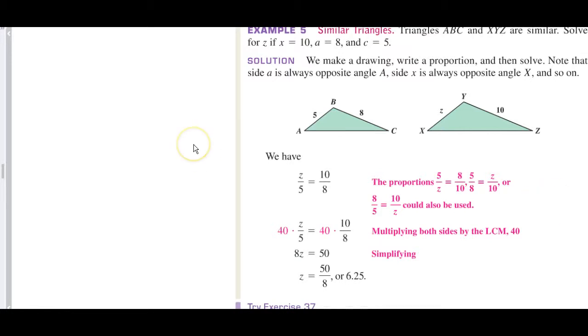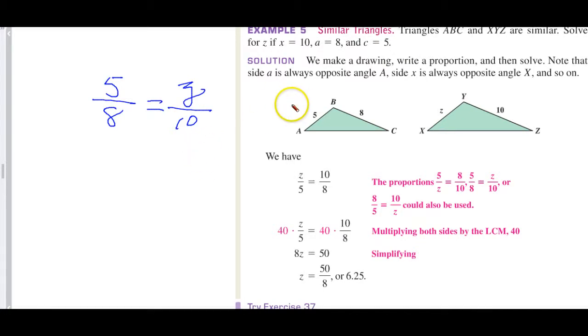Now we're saying that in this similar triangle, this side here, 5, is to 8. 5 is to 8 as Z is to 10.